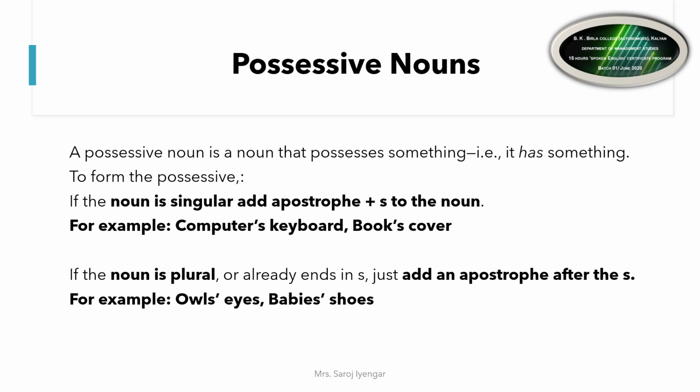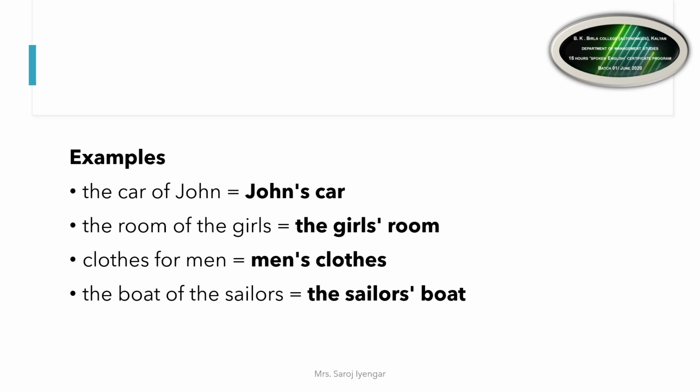When you're talking about owls, we are talking about many owls. So when we put it as a plural noun, we just add an apostrophe mark, so that shows it's a possessive noun. Whenever you're talking about a singular noun, you just put an apostrophe mark, and with that you put an s.